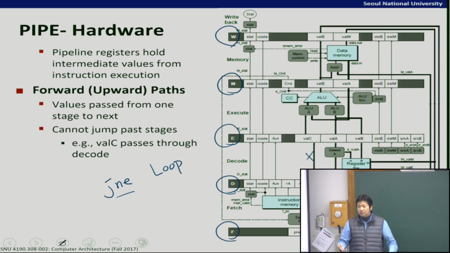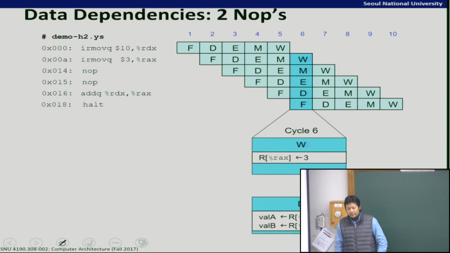Instructions always go back to back, so you always have to follow the previous instruction in the pipeline. That's what it means by we cannot jump past stages, even if an instruction may not use all these stages. They still have to go through 5 different stages.